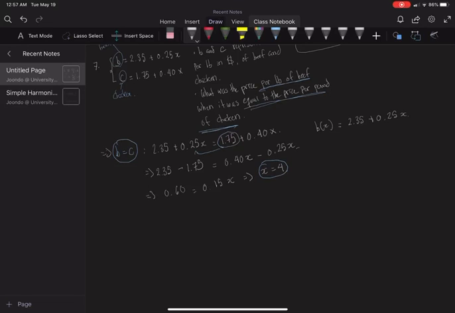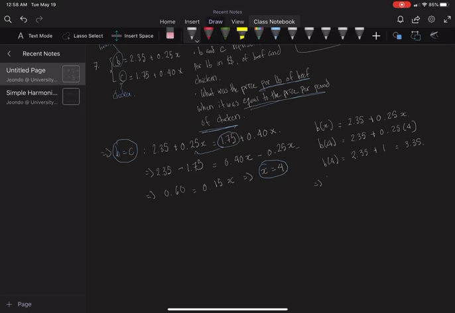So b of 4 is 2.35 plus 0.25 times 4. If you have 4 quarters, this is $1. So it becomes $3.35.